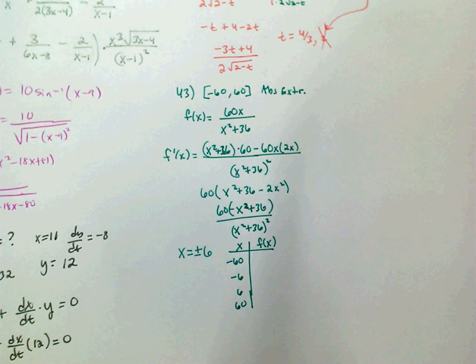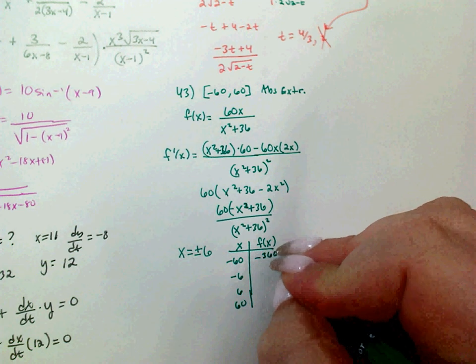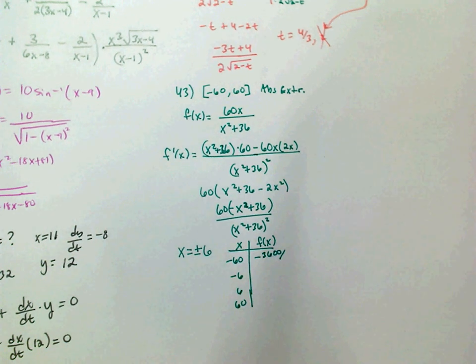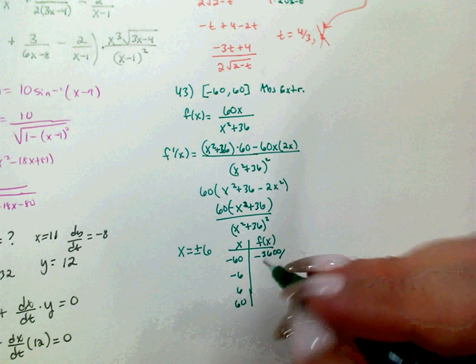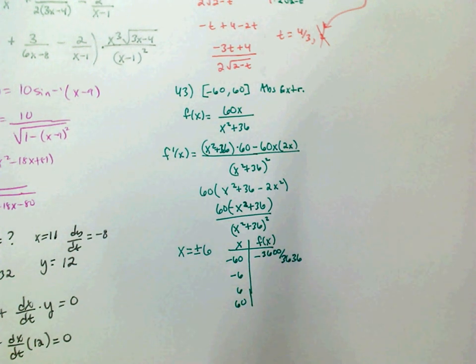So negative 3,600 divided by 60 squared plus 36? Oh, duh, 3,636. That's actually really close to 1. So negative 3,600 divided by 3,636, and you get negative 0.990.